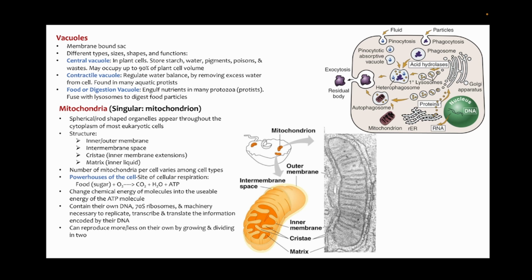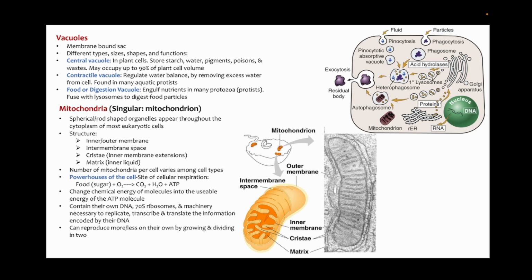Next, mitochondria. So you know that mitochondria is the powerhouse of the cell. This is where cellular respiration takes place. This is where ATP is generated in eukaryotic cells, right? Prokaryotes don't have mitochondria. So the site of energy generation in prokaryotic cells is actually the cell membrane itself.